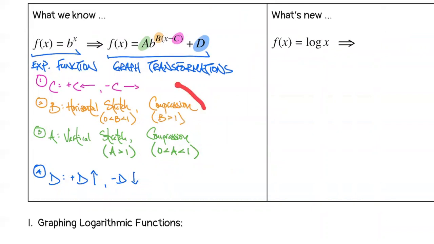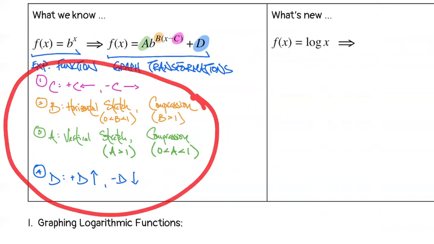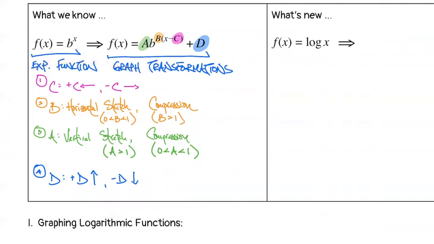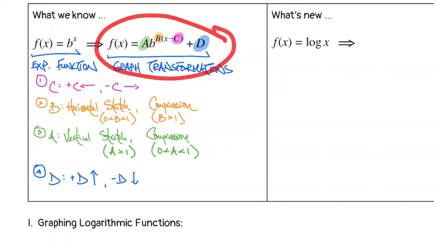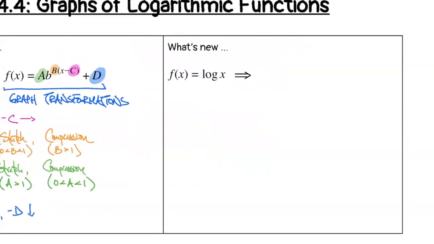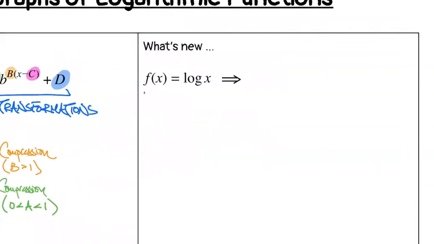Okay. So this structure right here works for every single function that we're going to look at. The question, though, is really, what does this part with the graph transformations look like? Okay. And so let's move on over to what's new. And you'll notice here that we don't have an exponential function, but rather we have a log function.